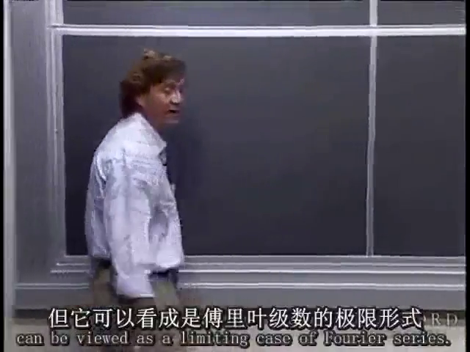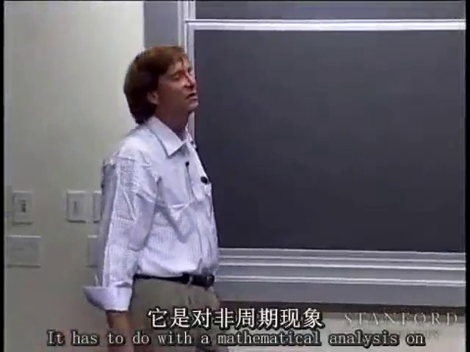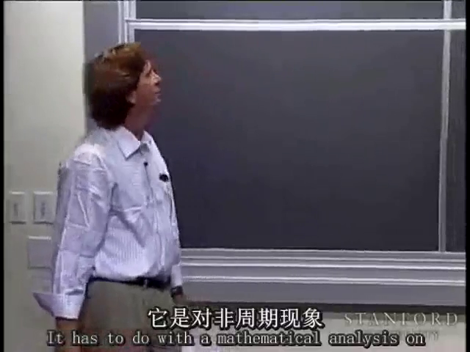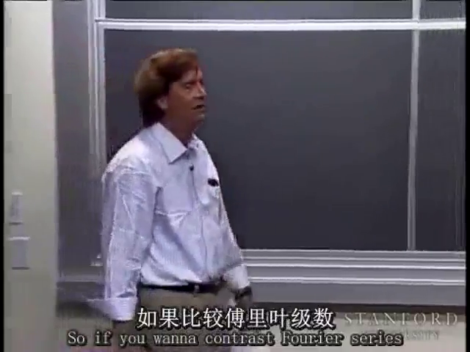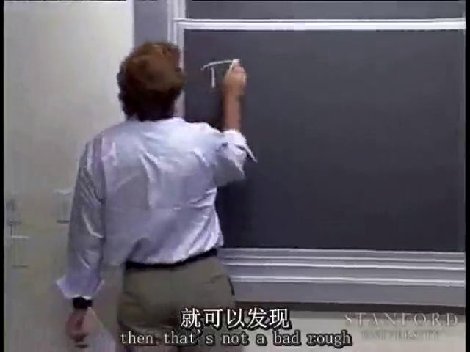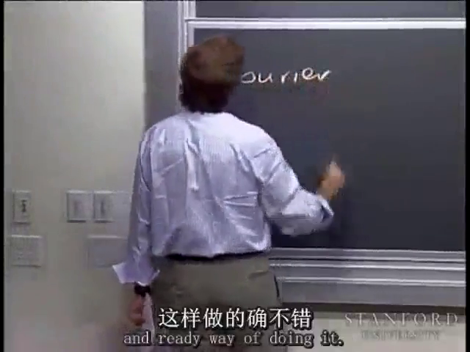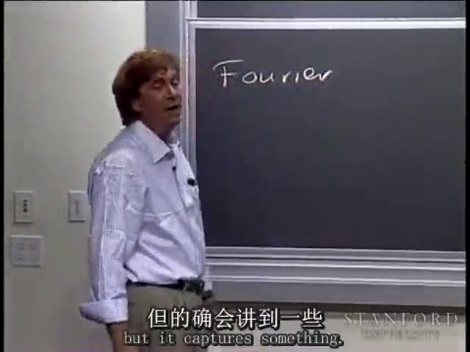The Fourier transform, although again this maybe doesn't do it justice completely, can be viewed as a limiting case of Fourier series, and it has to do with the mathematical analysis of non-periodic phenomena. So if you want to contrast Fourier series and Fourier transforms, that's not a bad rough and ready way of doing it. It doesn't capture everything, but it captures something.